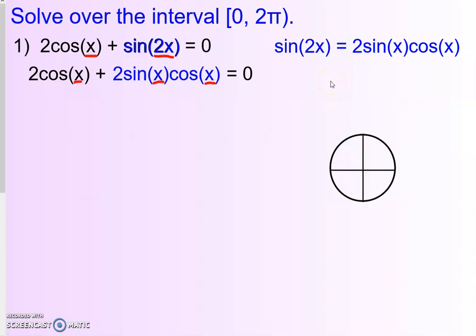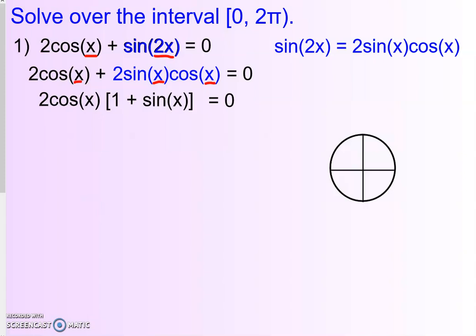Let's not forget that the easiest way to factor anything is to try to pull out a GCF. And since I have 0 alone on one side, I'm going to pull out the GCF, which is 2 cosine of x. It's in both terms. And I'm left with this, and that equals 0.